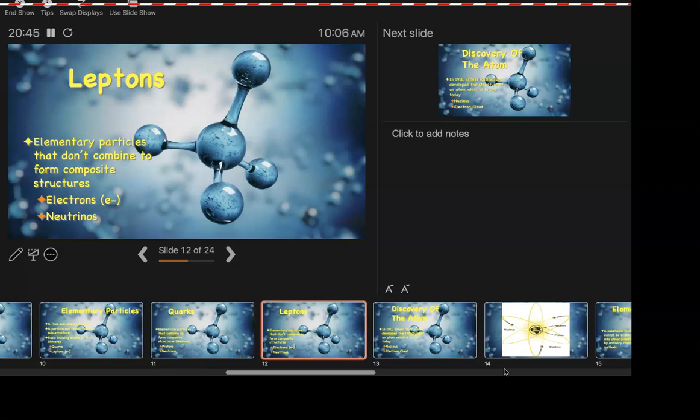Neutrino is another one that some of you have heard about, but again, doesn't really pay any mind to our class. So electrons just are. Protons and neutrons need to be made. And that's where it gets weird if you do go back to the Big Bang and start thinking about that stuff and the periodic table being built one element at a time from protons and neutrons smashing into one another.